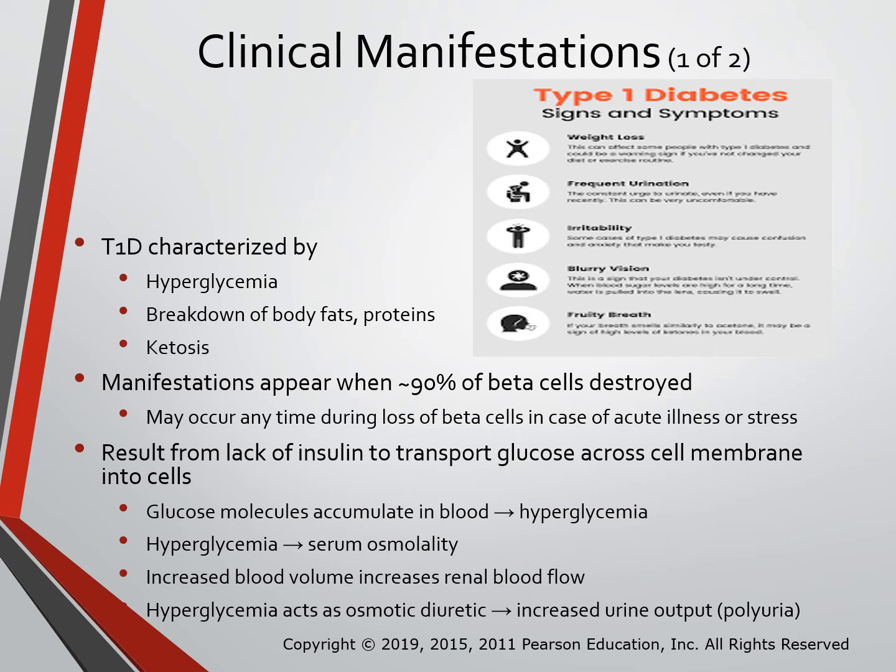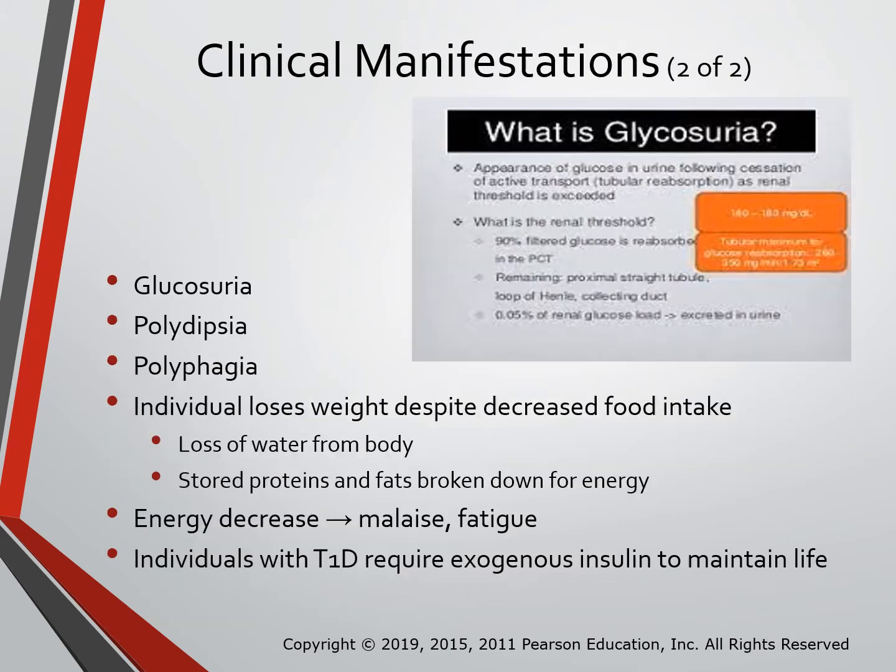The result is increased urine output, polyuria, and you need to know that term. When the blood glucose level exceeds the renal threshold for glucose, which is usually 180 milligrams per deciliter, glucose is excreted in the urine, glucosuria. So you will see it in the urine as well.